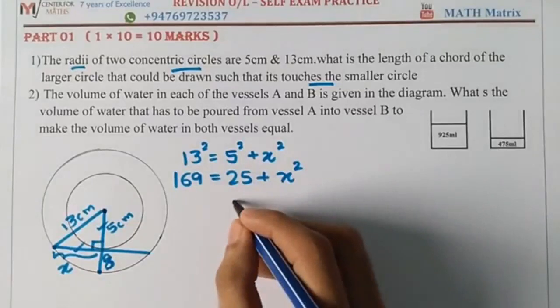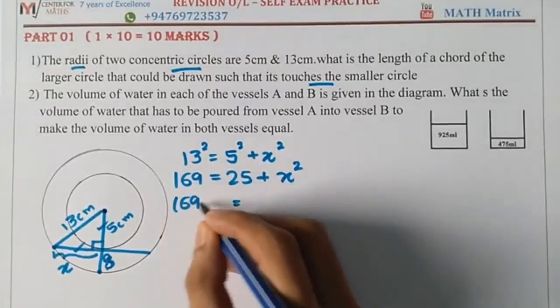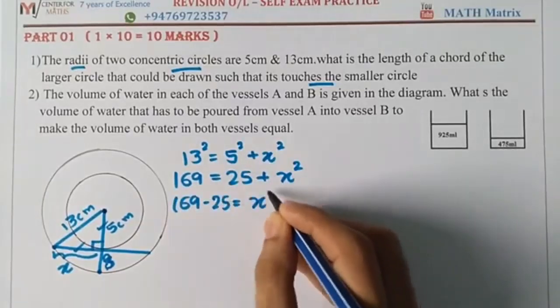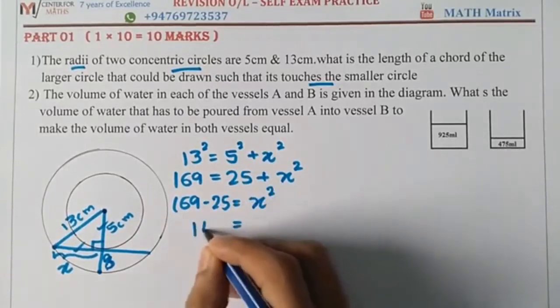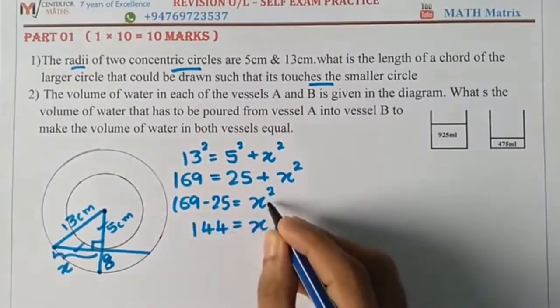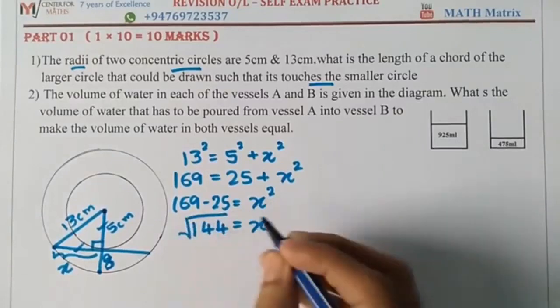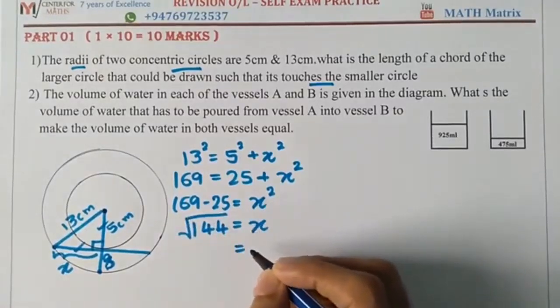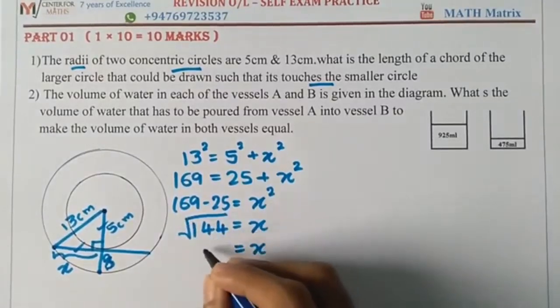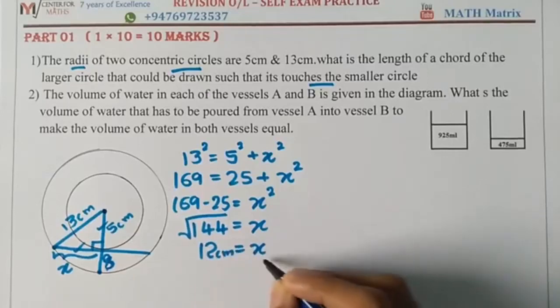If we take the 25 to the left side, there will be 169 minus 25 equals x squared. And the difference is 144. To cancel the square, we have to take the root on both sides. So x equals root 144, it's 12 centimeter.